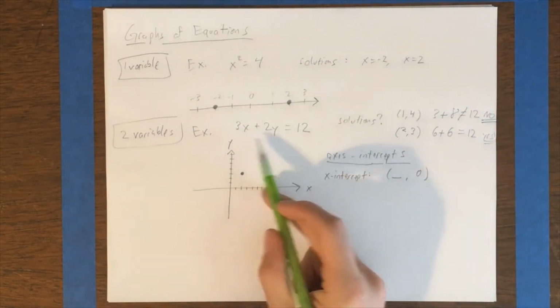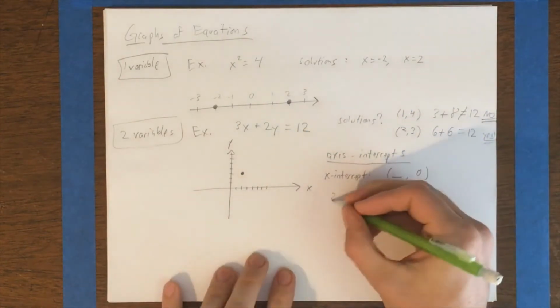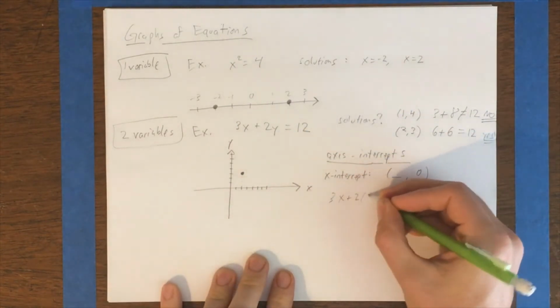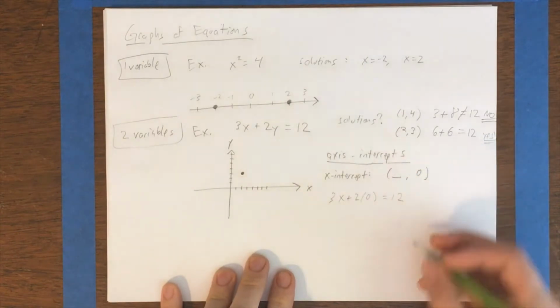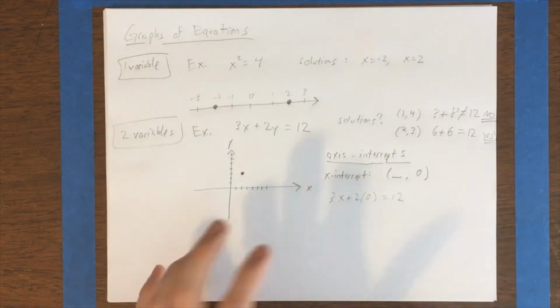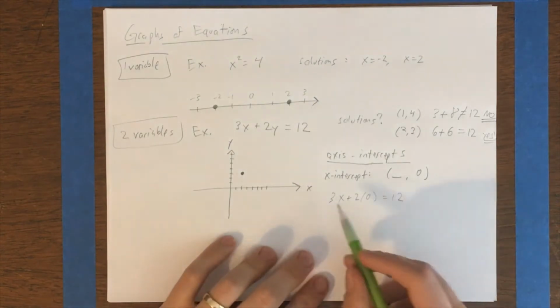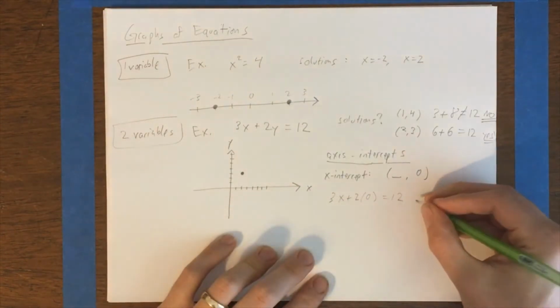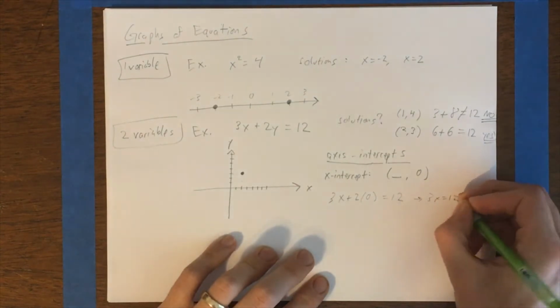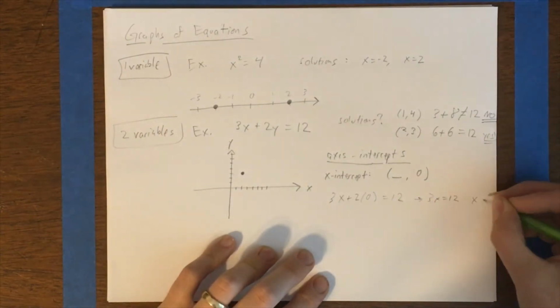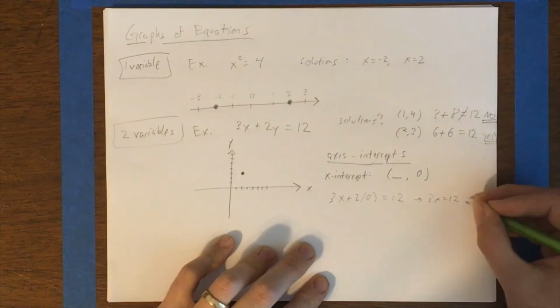We'll take our equation and just substitute in 0 for y. 3x plus 2 times 0 equals 12. 2 times 0 is 0. Adding 0 does nothing, right? Remember the identity law. So this will just become 3x equals 12. Divide both sides by 3, and x has to equal 4.